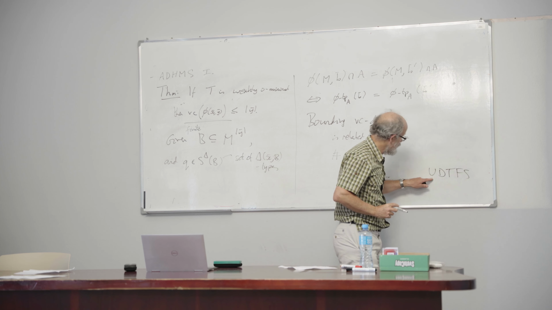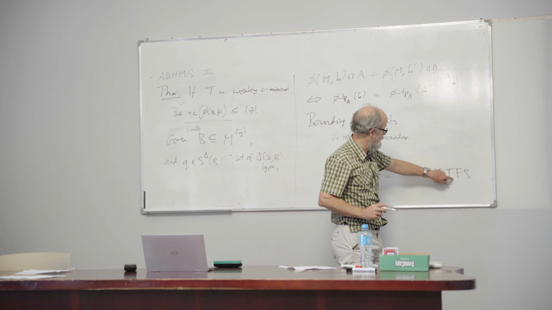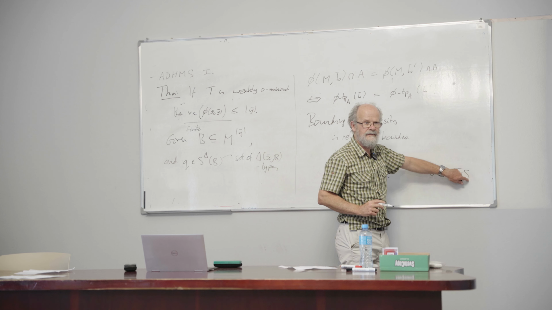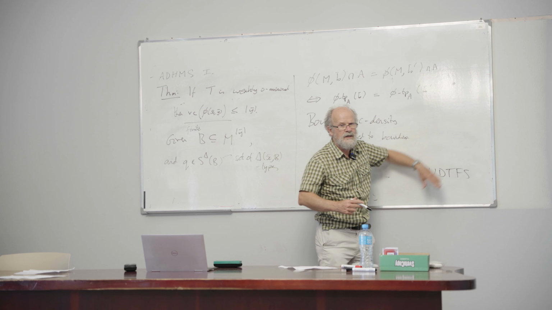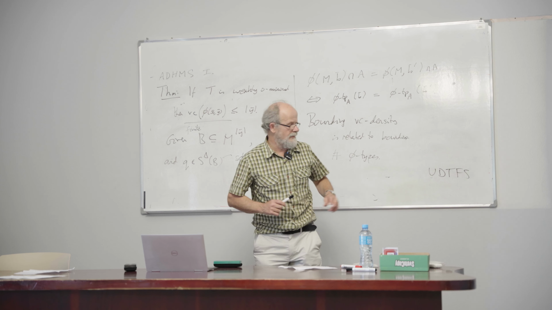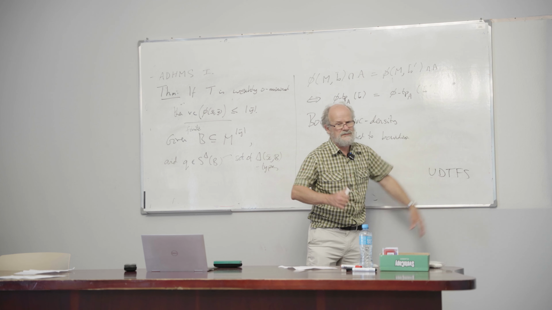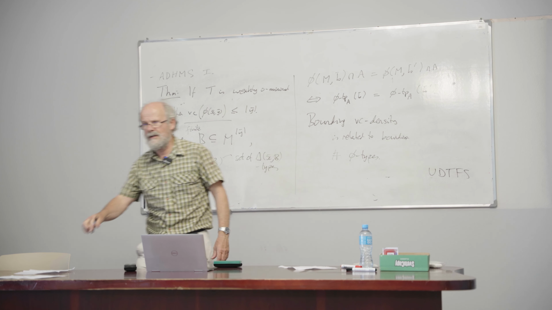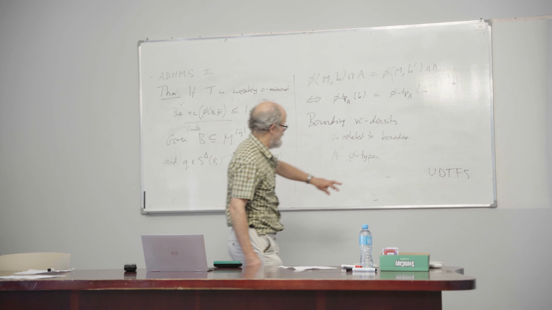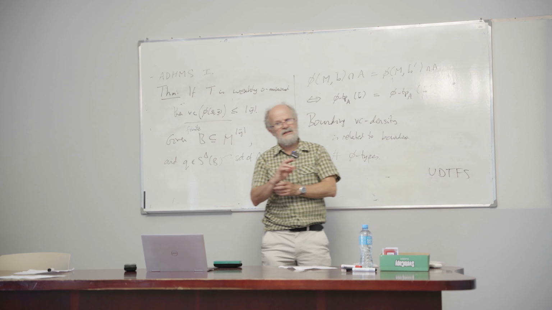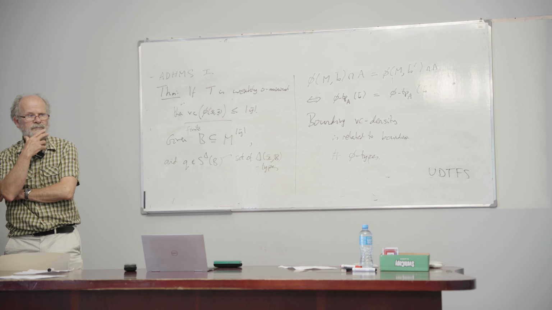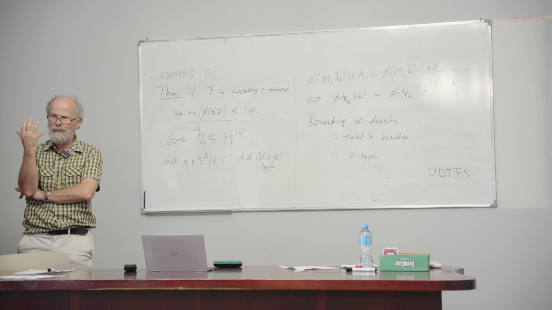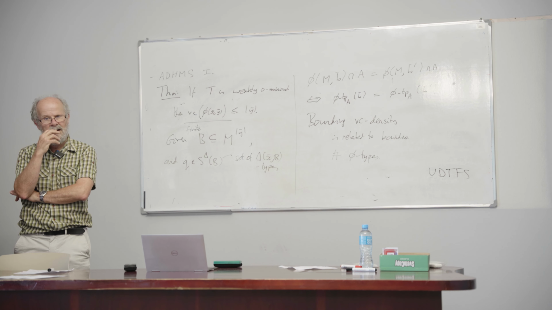That's uniform definability of types over finite sets. I won't define this now, but it's the version of Shelah's theorem. So types over finite sets are definable in a uniform way, and it's an important thing about NIP theories.